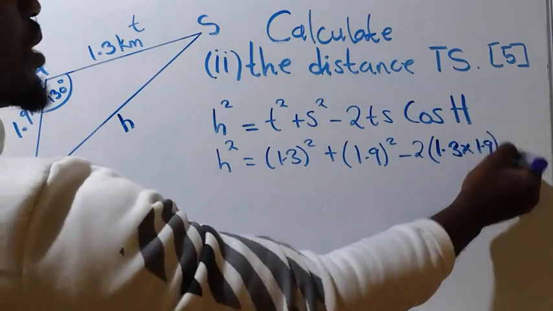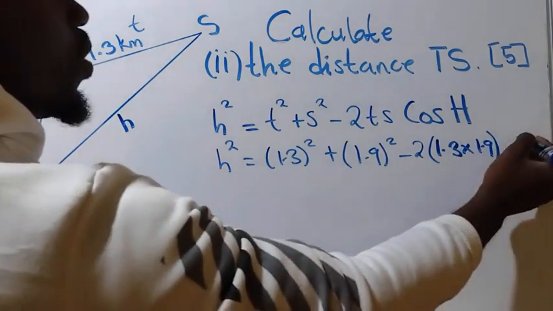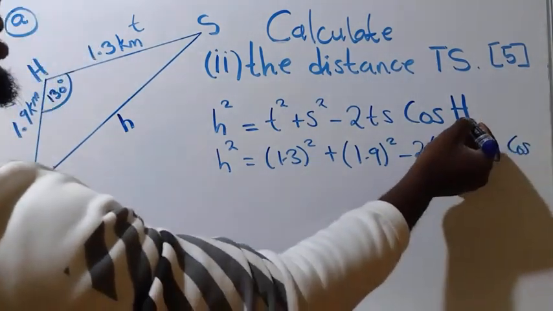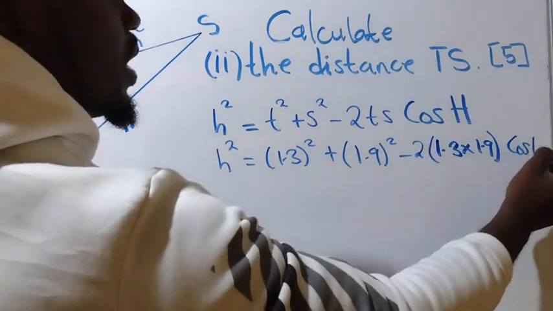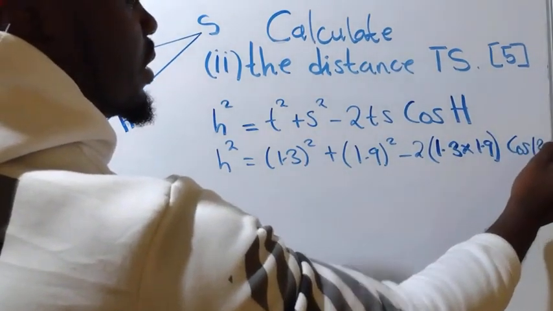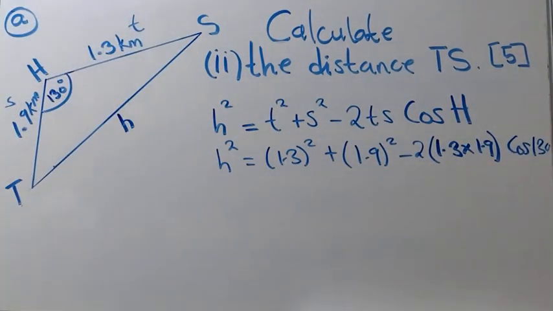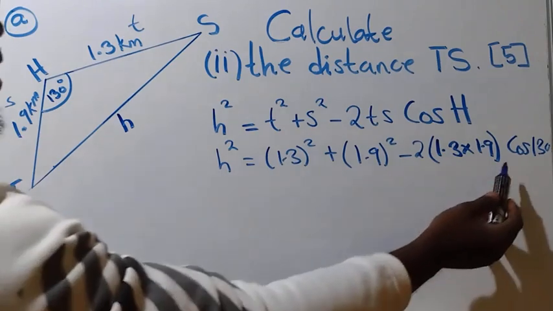I hope you are following nicely. Then cos, where there is H, you are going to put the angle which is 130 degrees. Make sure you follow me nicely.